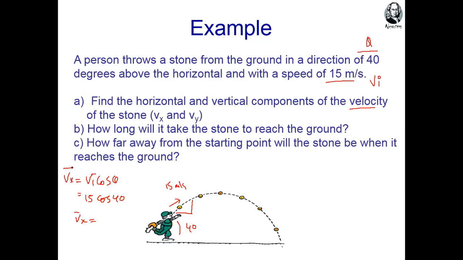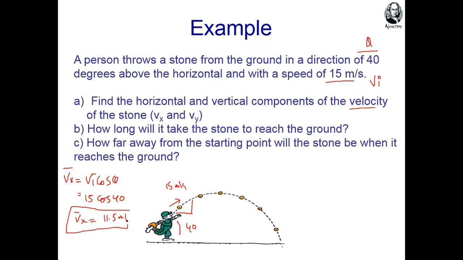I will solve. Don't worry. Cosine of 40, professor, is 0.76. Then multiply with 15, it would be 11.49. So I will write 11.5, rounded up. This is meters per second.